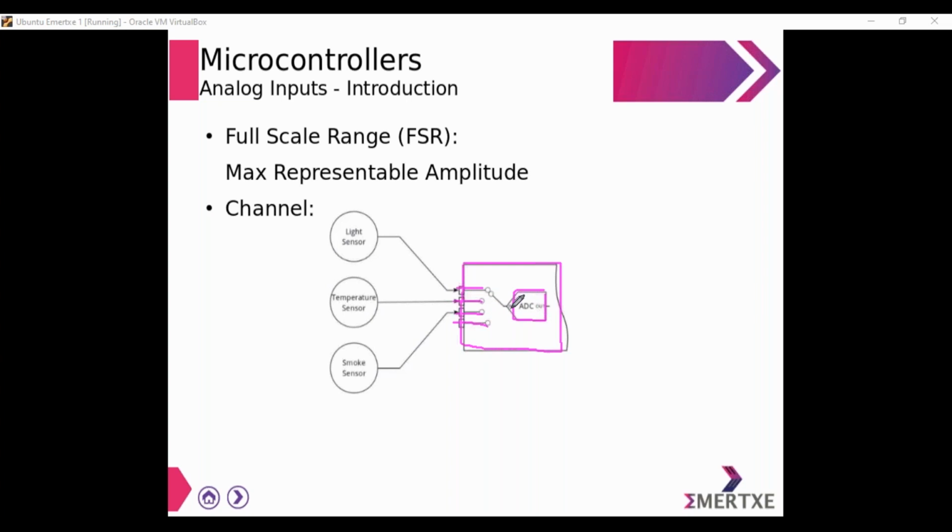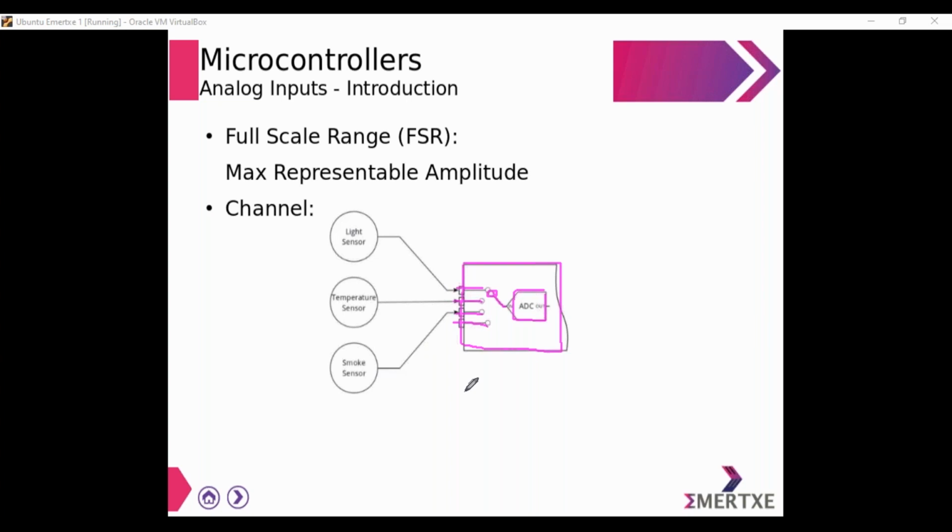Now the point you have to remember is that only one channel will be active at a time. That means if there are multiple sensors, there is only one ADC register which is used to store the digital value after it has been converted. It cannot take the analog output from multiple devices and convert it into a digital value at once.